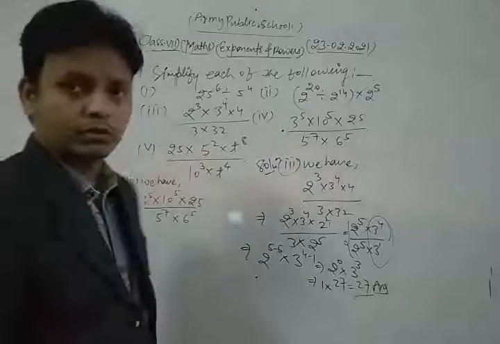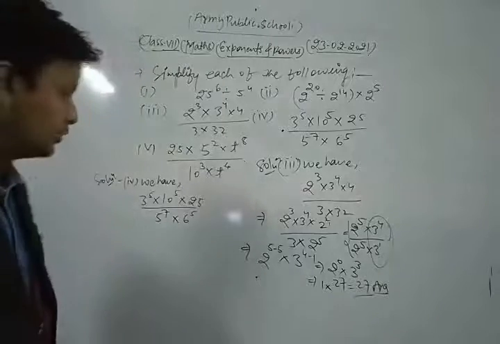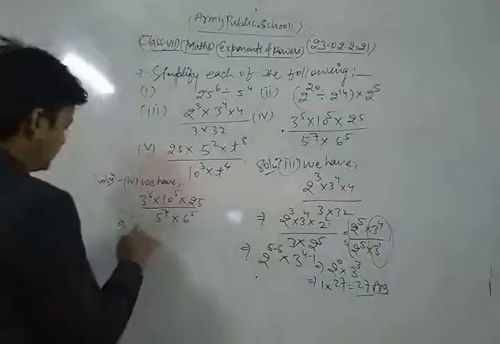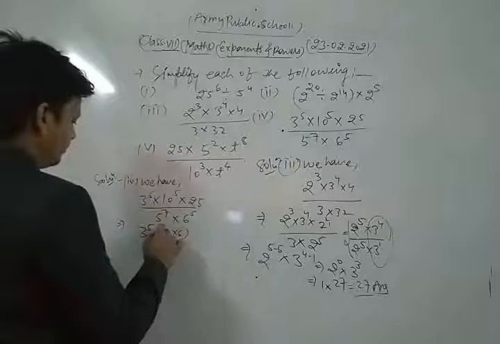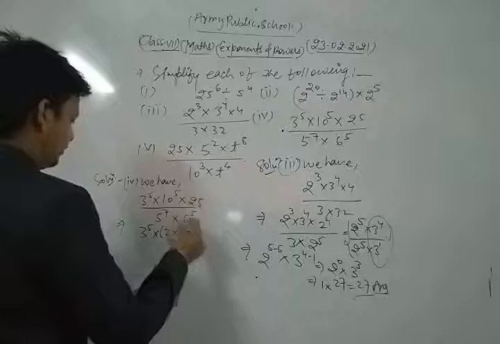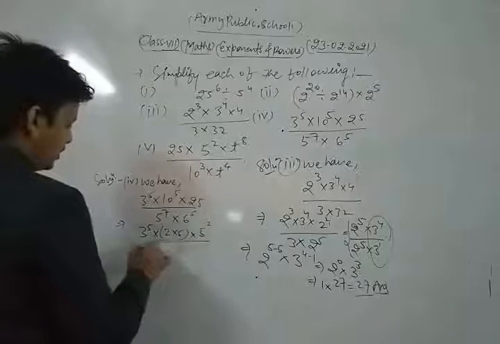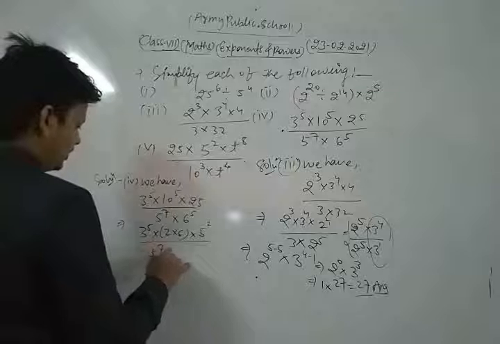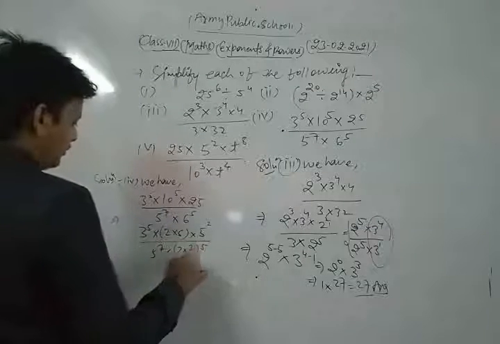Okay, so first of all, for this question we split the values. We write 10 as 2 into 5, we write 25 as 5 square, upon 5 power 7 into, we write 6 as 2 into 3, whole power 5.